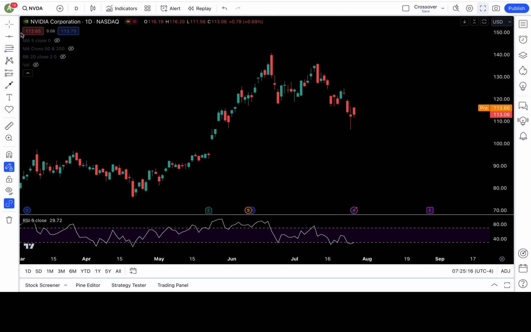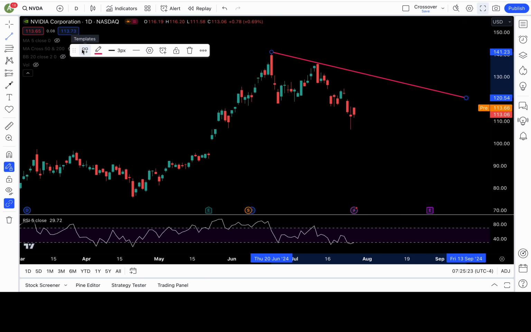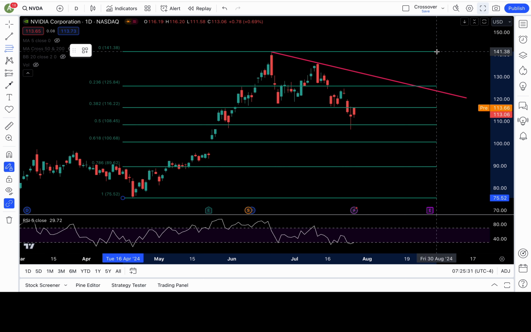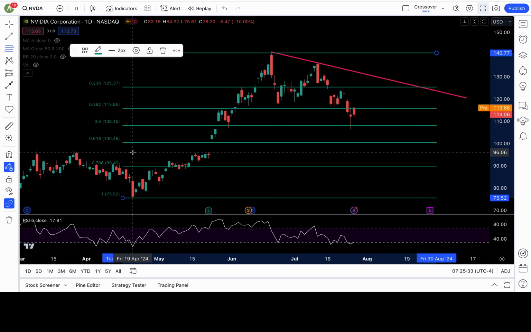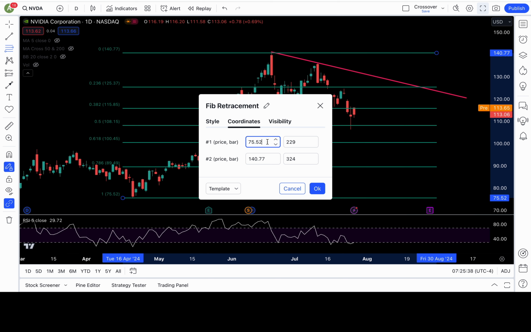NVDA still in correction mode. Got this downtrend right here. Okay. We want to get the fib level based on this uptrend we had since April 19th. Get it up to all-time high. Now, April 19th low was 75.61.